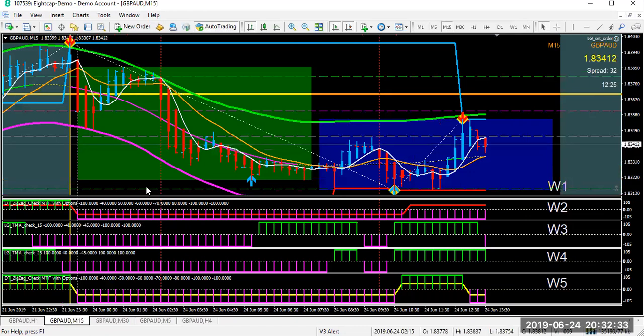If it does that, that's a good stop loss. And we do have a good way of setting our stop loss.